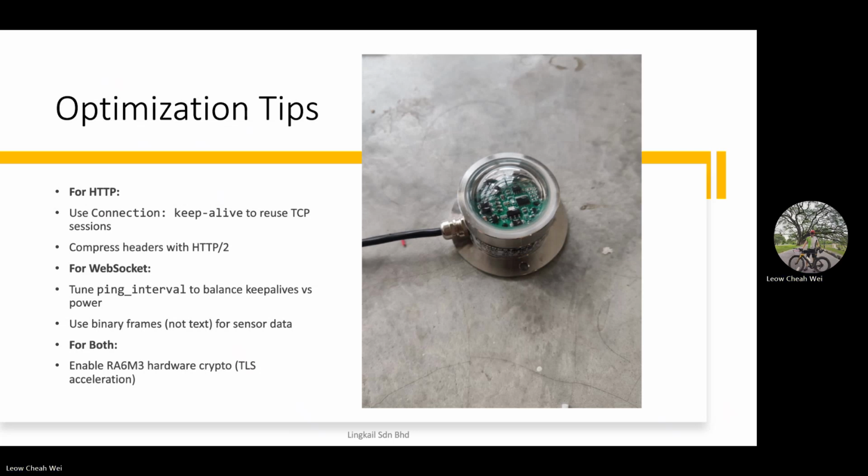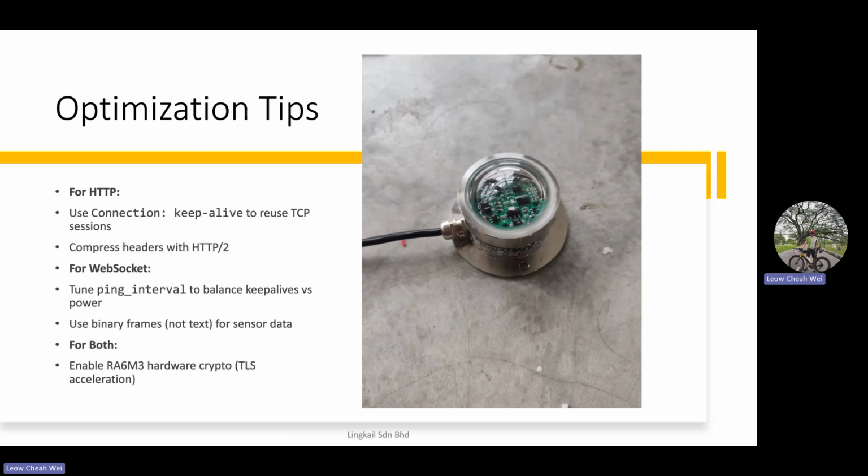So let's see what are the possible optimizations we can do for HTTP. Because the session needs to be established each time, we can optimize it by using keep-alive or reusing the TCP session. Although I did not really try it much, we can also compress the header with HTTP/2 so that the package becomes smaller.